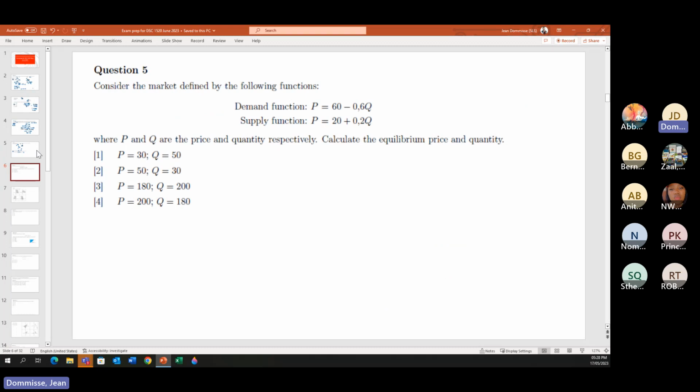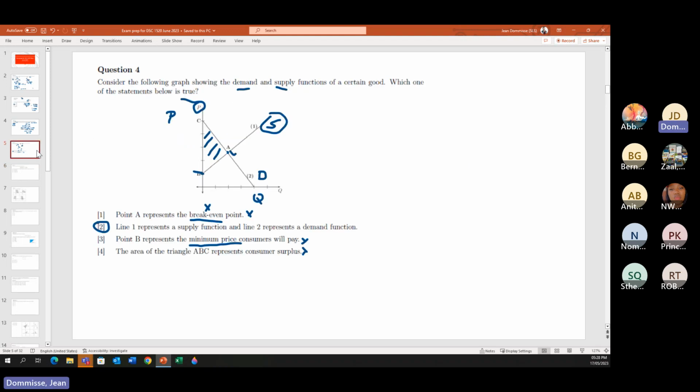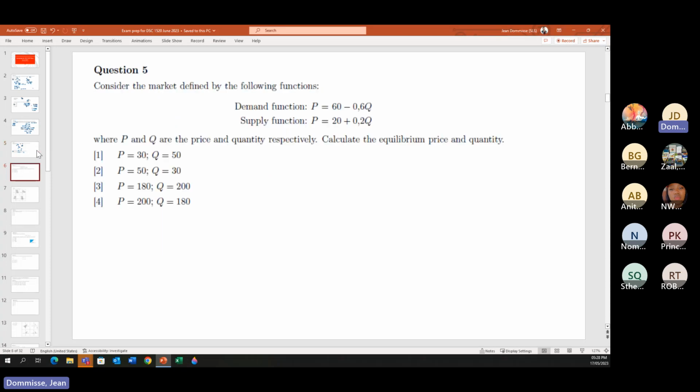anything, because now suddenly they give you a demand and supply function. Here they talked about break even point. We knew that it's not, it's equilibrium. So here they ask us, consider the market defined by the following two functions.